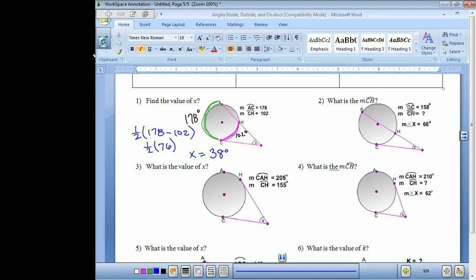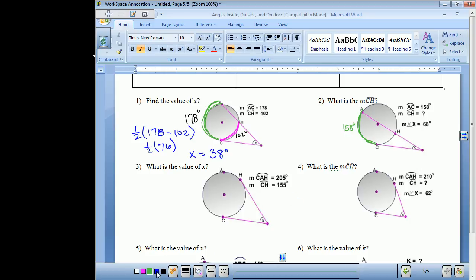So let's take a look at this one. Speaking of that, this is still a tangent and a secant. So AC, the big one, the bigger intersected arc, is 158.